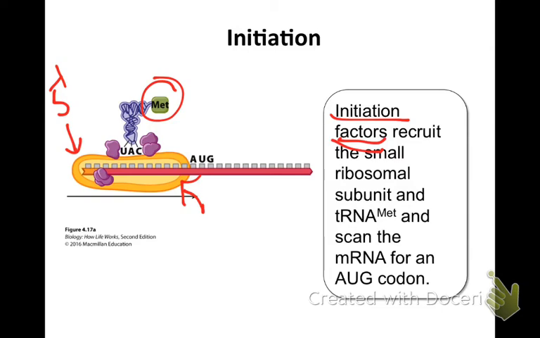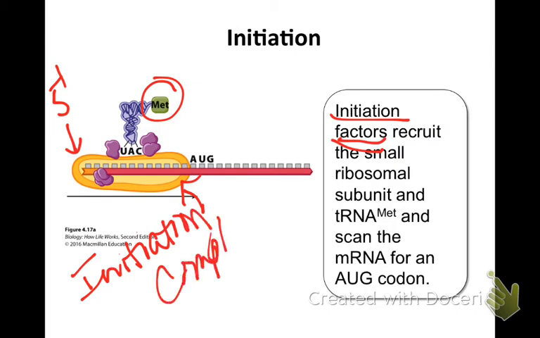All of these things get together, and you make what's called an initiation complex. The complex is the initiation factors, the charged tRNA with methionine, and the small subunit.